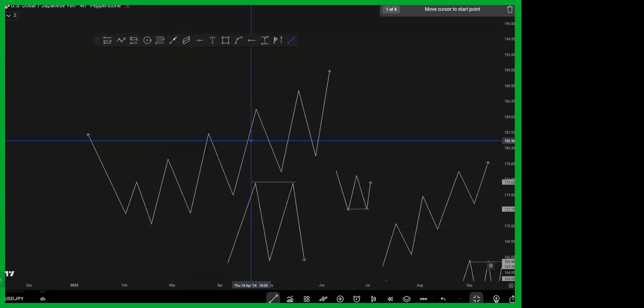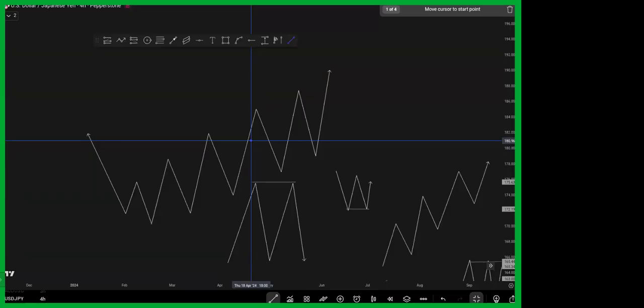I've given you the various characteristics that each trend possesses. In the demand trend, what we want to be seeing is the formation of higher highs and higher lows. In the supply trend, what we want to be seeing is the formation of lower lows and lower highs.